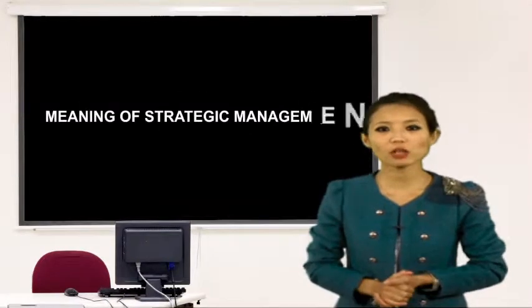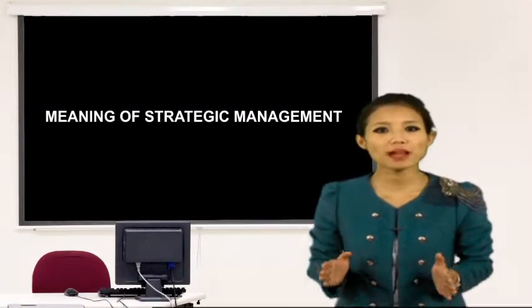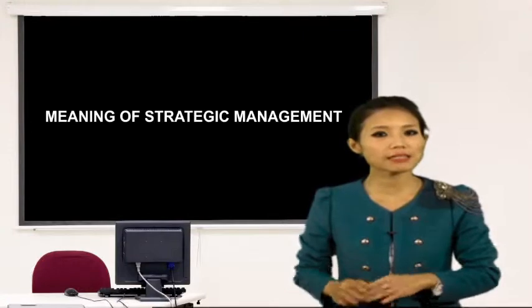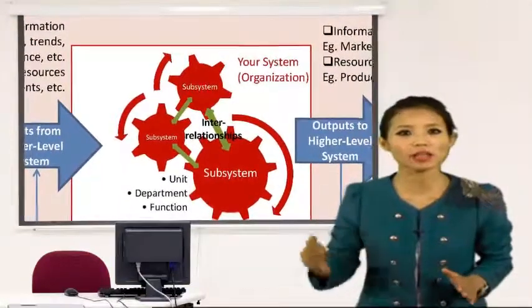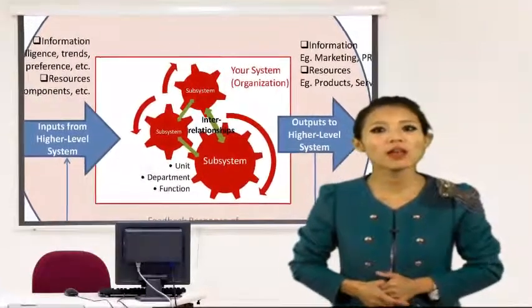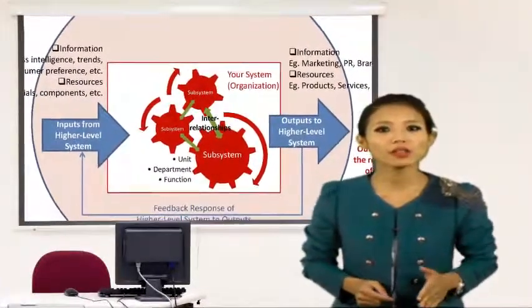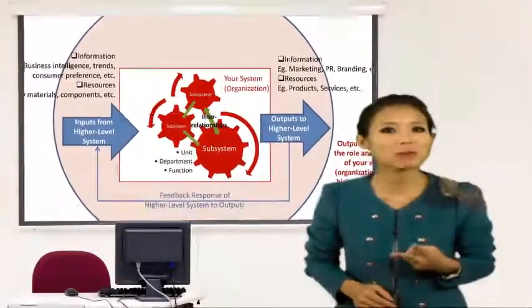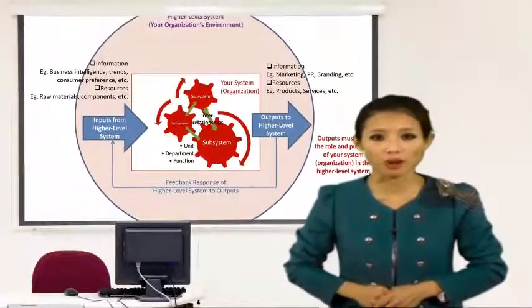Meaning of strategic management. Strategic management consists of the analysis, decision and action an organization undertakes in order to create and sustain competitive advantages. This definition captures two main elements that go to the heart of the field of strategic management. First, the strategic management of an organization entails three ongoing processes: analysis, decisions and actions.